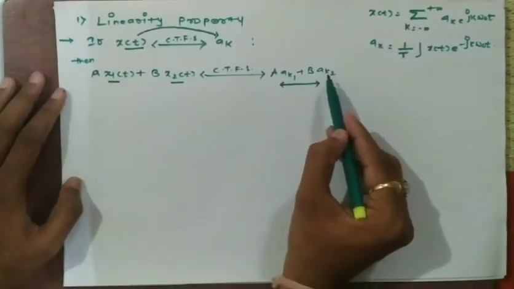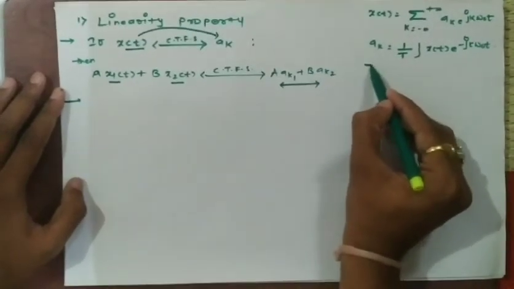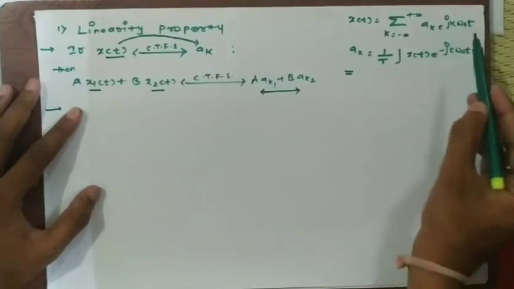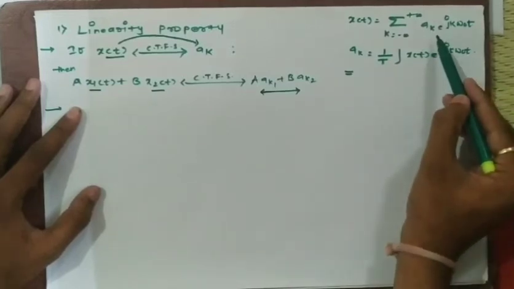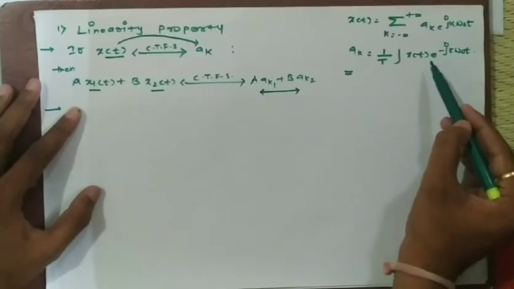Now in order to prove this property, we should make use of these two fundamental formulas of Fourier series. The first one is for Fourier series representation and this one is for Fourier series coefficients.